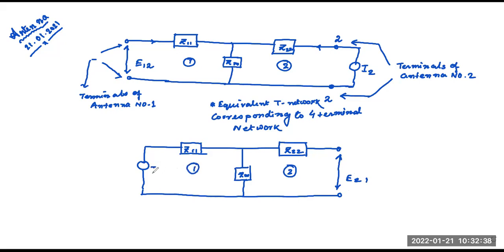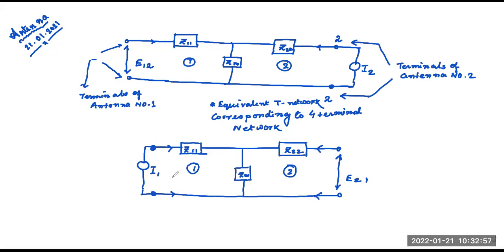This is the I current. It will be flowing to this side, and this will be flowing to this side.